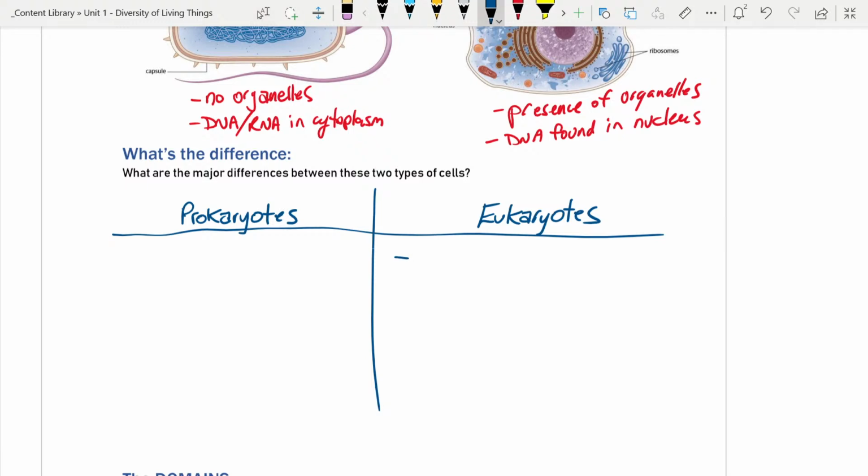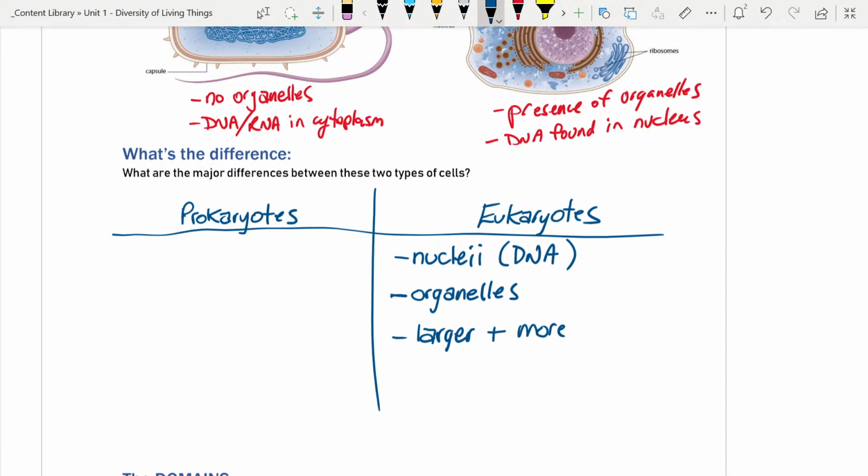So the main difference is they have nuclei, and that's where the DNA is. They have organelles. They can thus be larger and more complex. And by virtue of that, they can do more. So these, on the other hand, have no organelles.